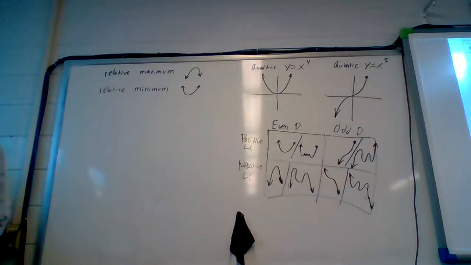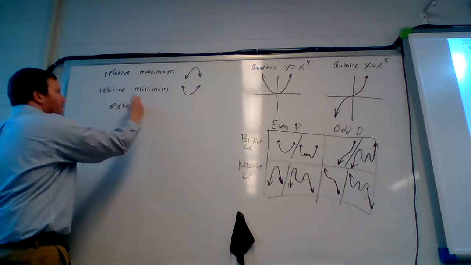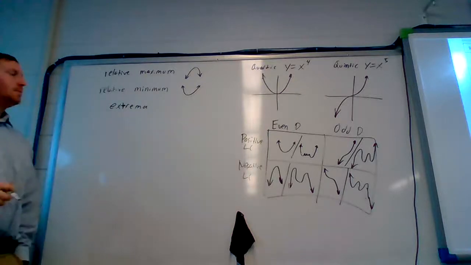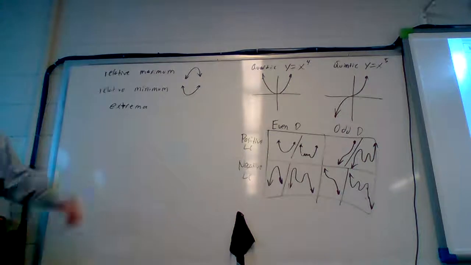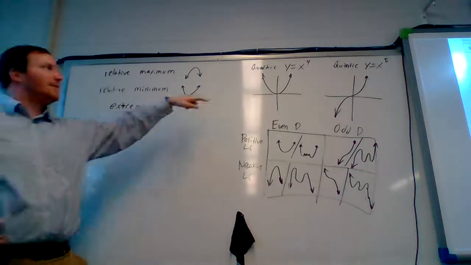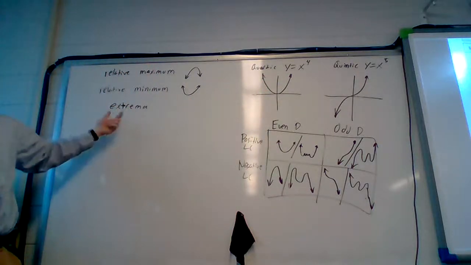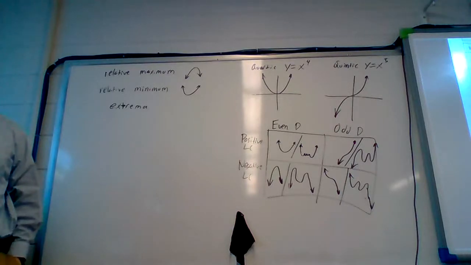Maximum and minimum values are called extrema. So these are the high points, the low points on the graph, not necessarily the end behavior, that's its own thing, but things that we can see right there on our screen, like right there on our graphing calculators.